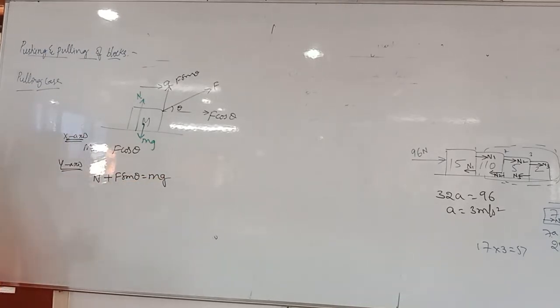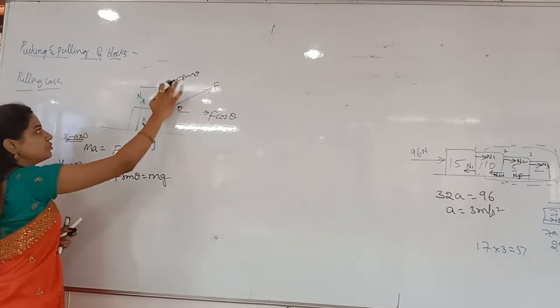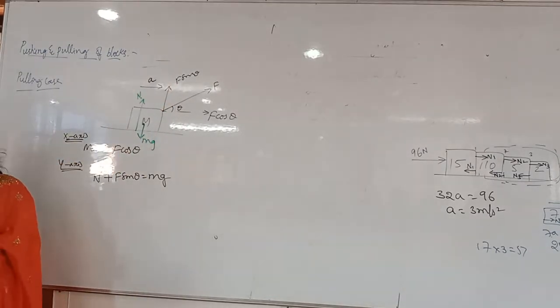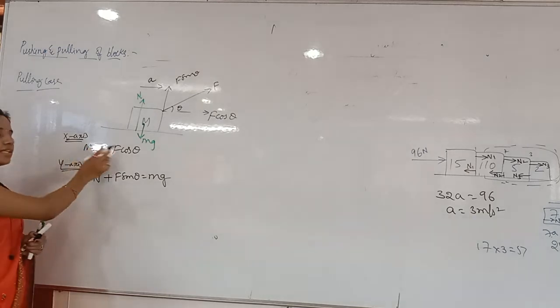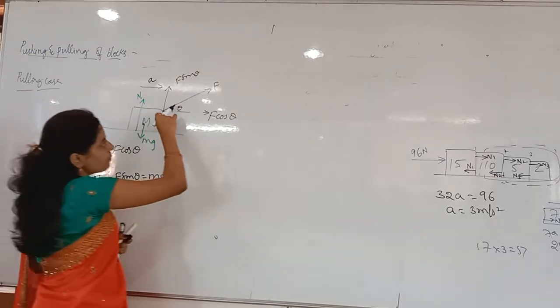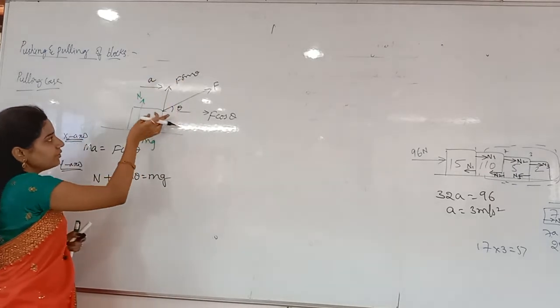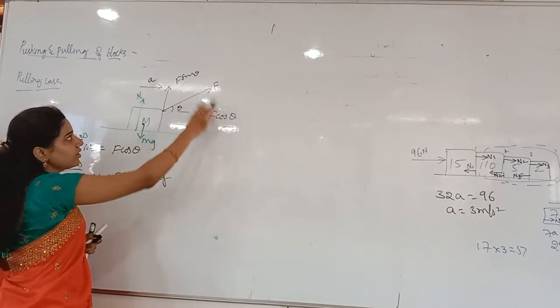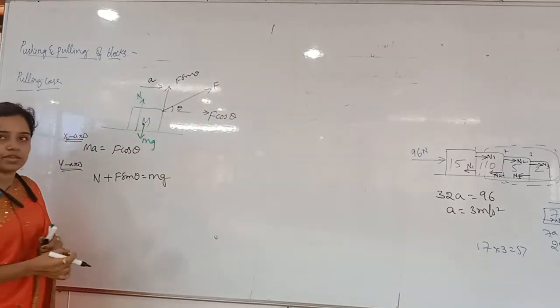You are understanding, right? So horizontally the body is moving with acceleration a. I have written the acceleration equation ma is equal to F cos theta. In the vertical direction, the body is in equilibrium. Whenever I apply the force F with some angle theta with the horizontal, this will be F cos theta, and the vertical component will be F sin theta.